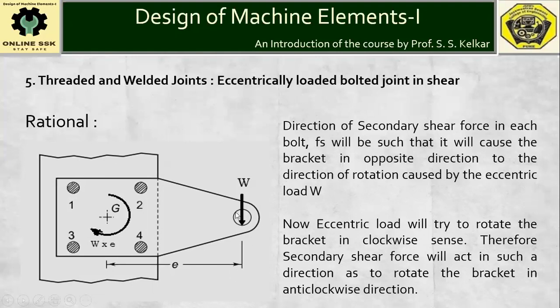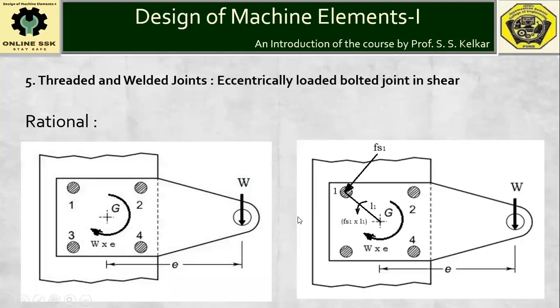As shown in this figure, this applied load W will try to rotate the bracket in clockwise sense. So the secondary shear force Fs will act upon the bolt in such a direction as to cause rotation of the bracket in opposite sense, that means anti-clockwise sense. That can be shown in this way in this figure.